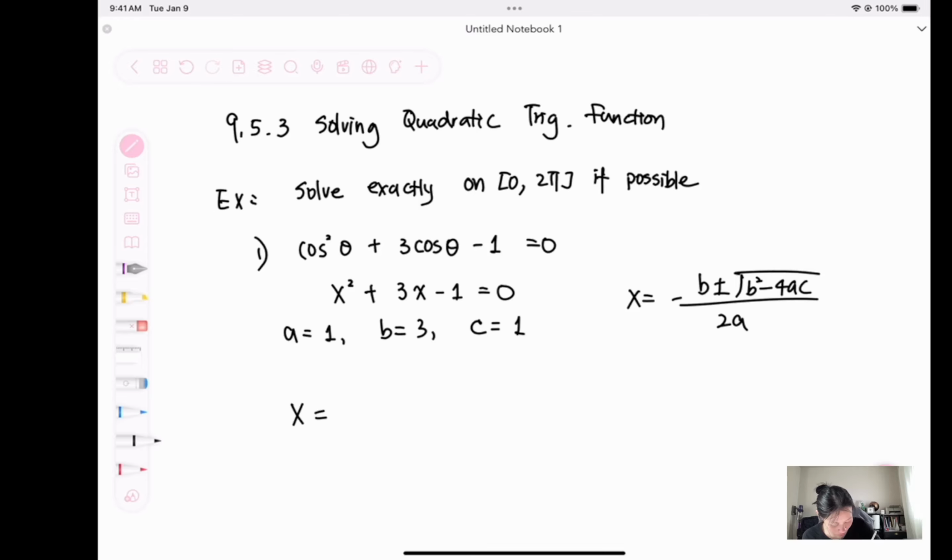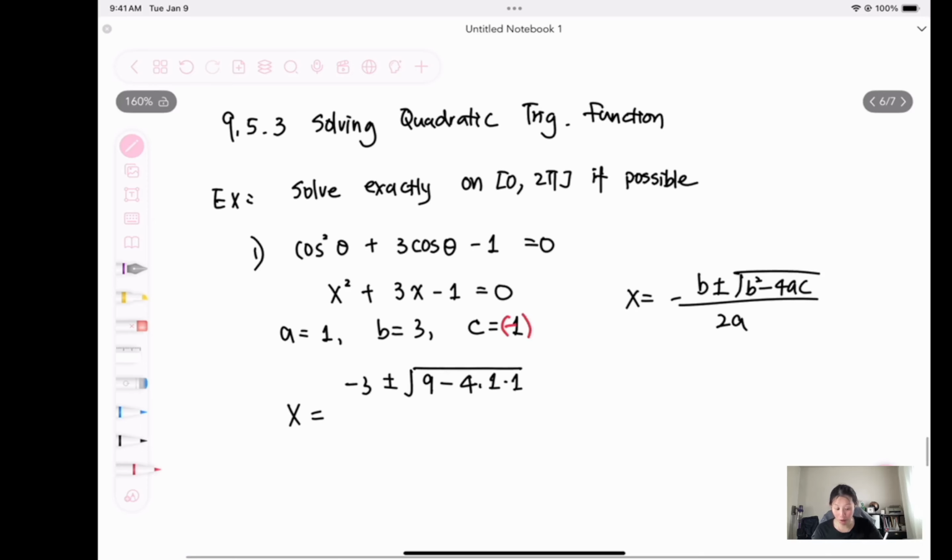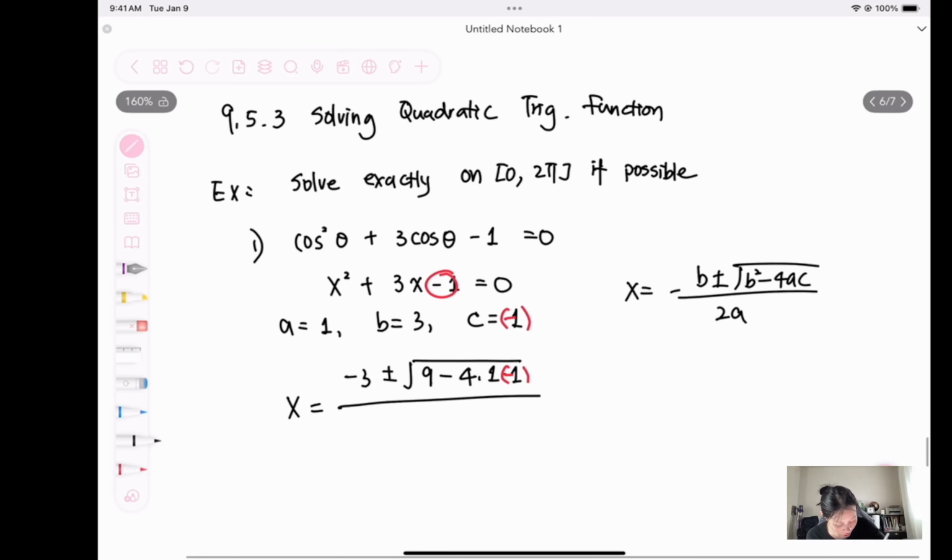So x is equal to -b plus or minus b squared minus 4ac. Oh no, I made a mistake. So c should be a -1, not just 1. You need to include a negative sign, so here would be a -1, over 2 times 1.